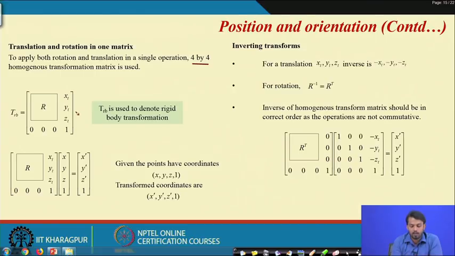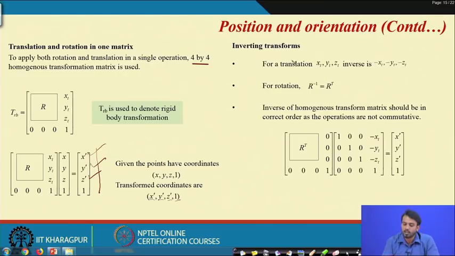If you are considering a point X, Y, Z, then the rotation and translation applied to that point give the transformed coordinates X dash, Y dash and Z dash. Given the point has coordinates X, Y, Z, 1 as we are considering a 4 by 4 homogeneous matrix, the transformed coordinates will be X dash, Y dash, Z dash and 1, which we can obtain from here. This is the operation for the translation and rotation.